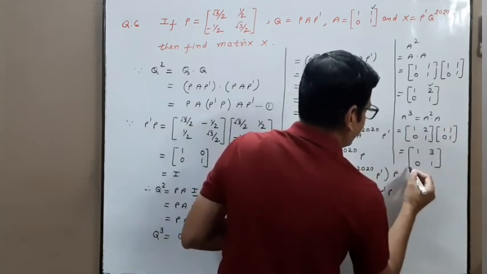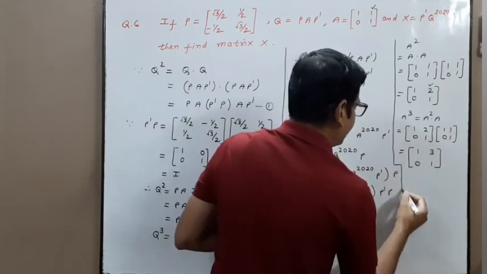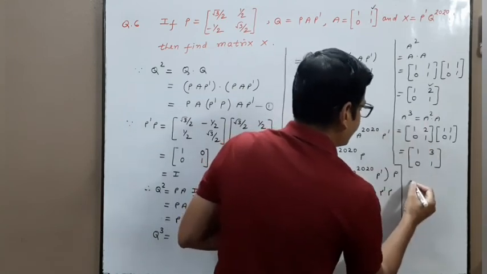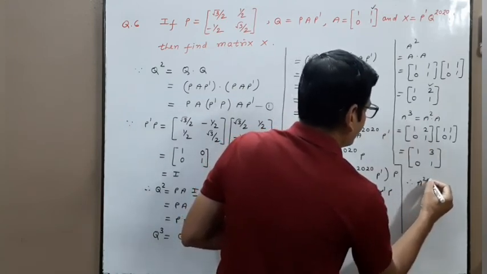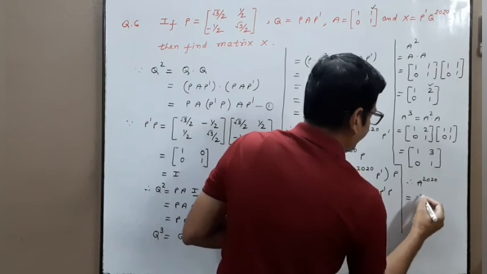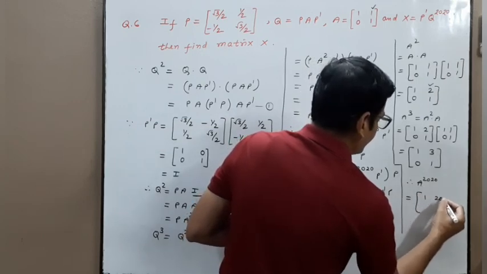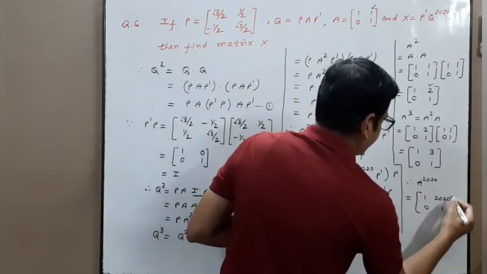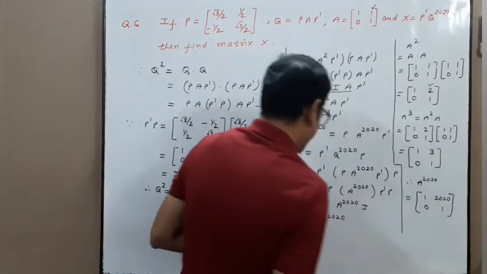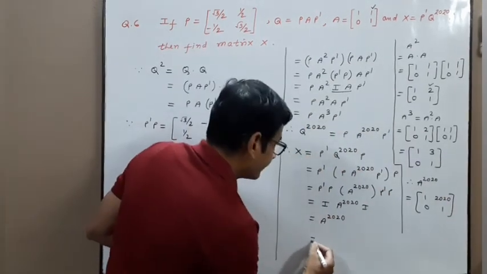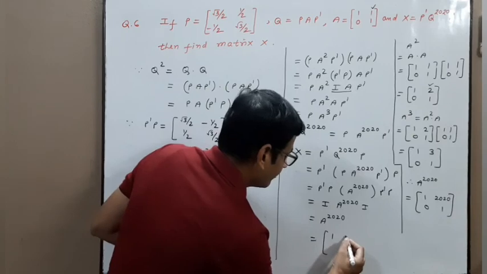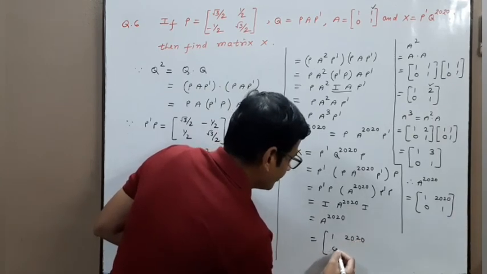This time we get 3. So similarly, if we write A raised to the power 2020, then we get 1 2020 0 and 1. It means the value of X is 1 2020 0 and 1.